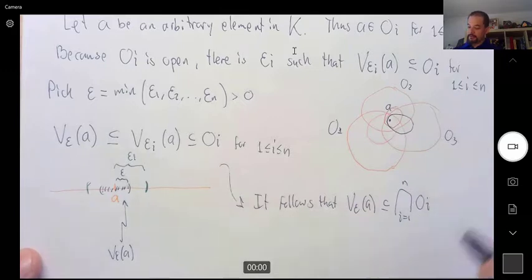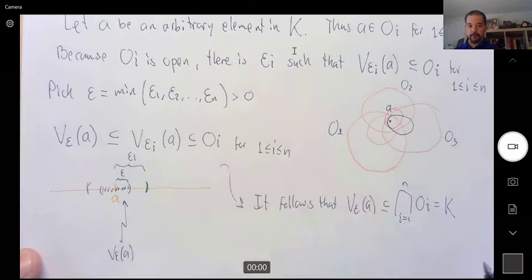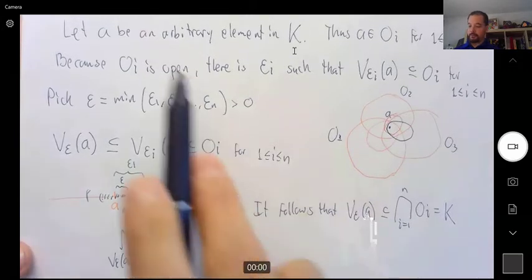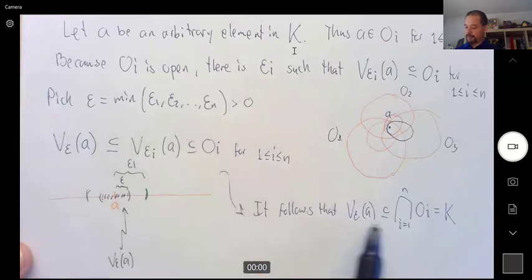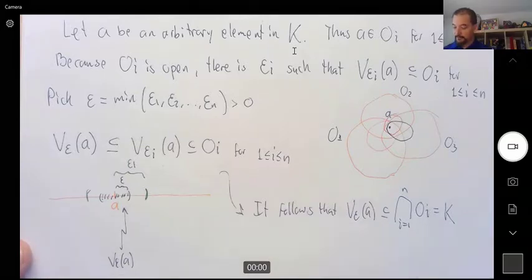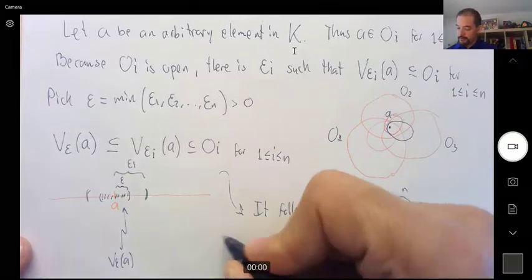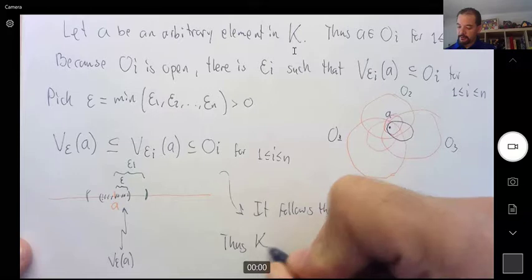And that's it, because we call this one K. So we're done. Why are we done? We picked an arbitrary point in K, and we showed that there's an epsilon neighborhood which is a subset of K. That's the definition of being open, because we did it for an arbitrary point. Thus, K is open.